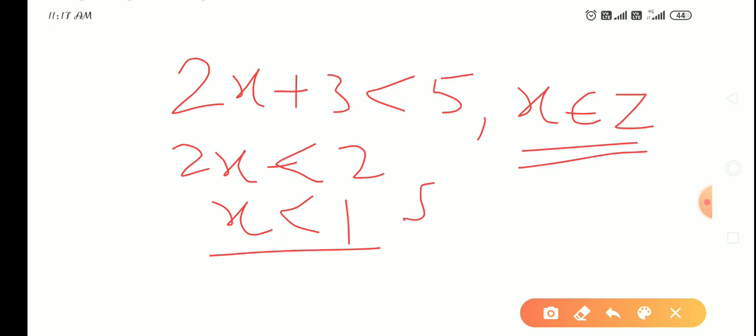As x is less than 1, many integers are less than 1. I am writing here the set of integers: dot dot dot minus 3, minus 2, minus 1, 0, 1, 2, 3 and so on.